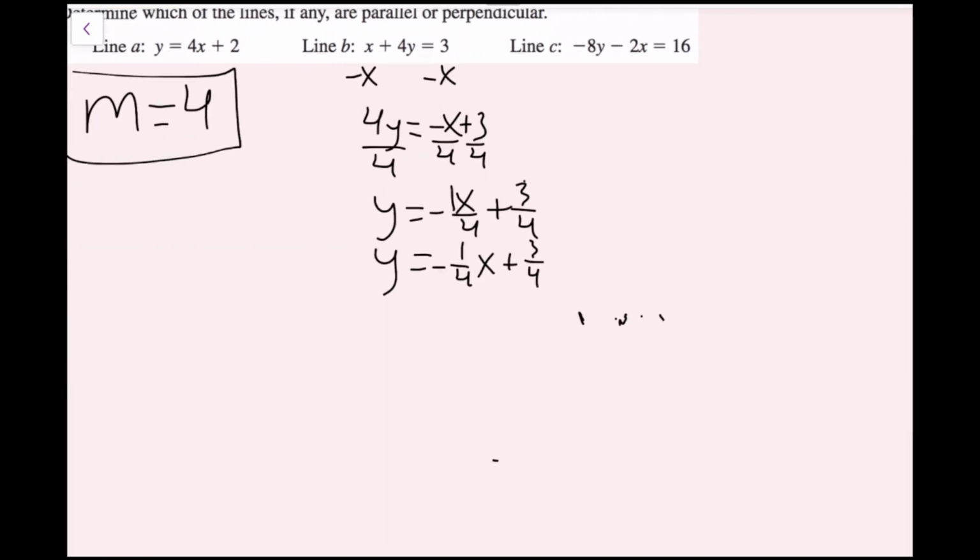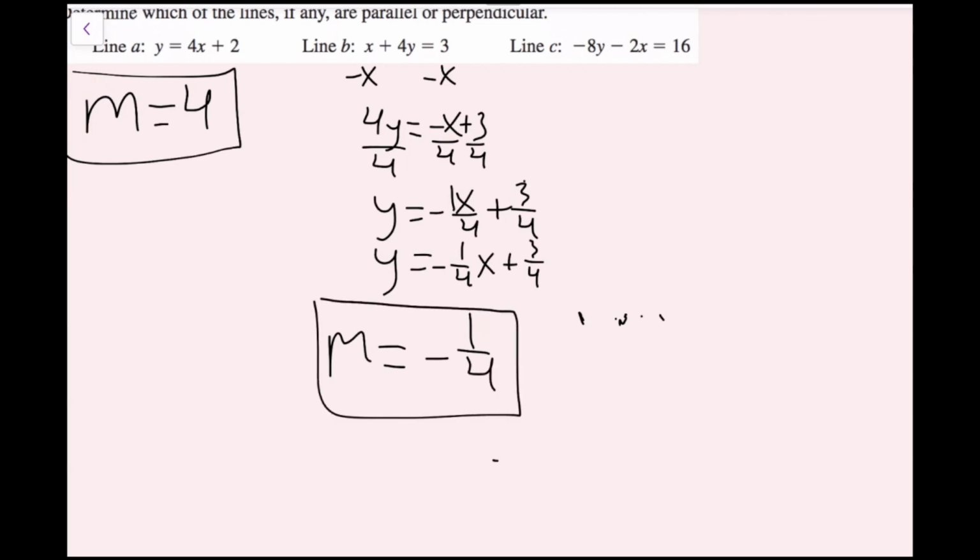And for line B, I'm going to write m equals negative 1 over 4. Right away, I can see that this slope for line B and the slope for line A are opposite reciprocals. The reciprocal of 4 is 1/4, and the opposite of 1/4 is negative 1/4. Okay, and if you do the same thing to negative 1/4, you'll get positive 4. So I can tell these are going to be perpendicular already, but let's look at line C.